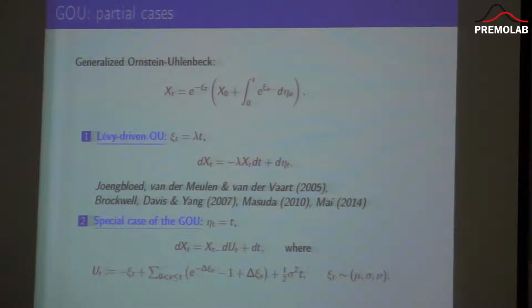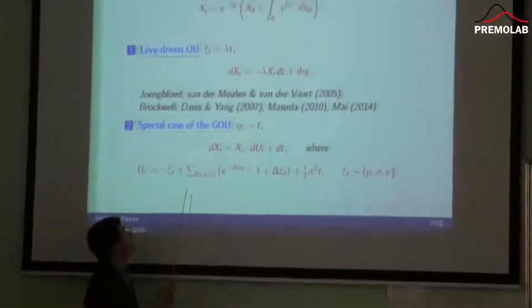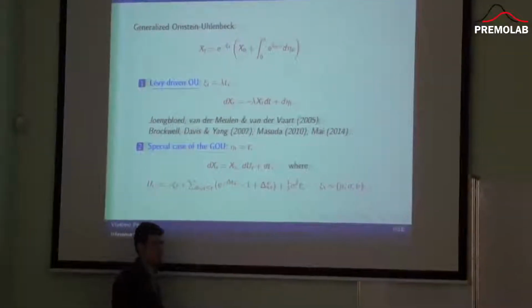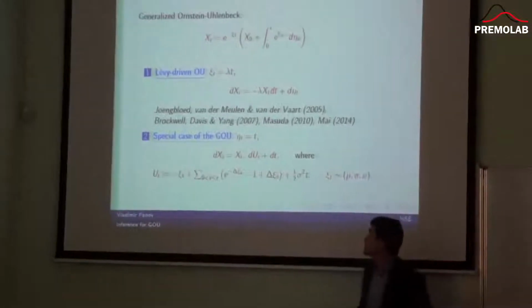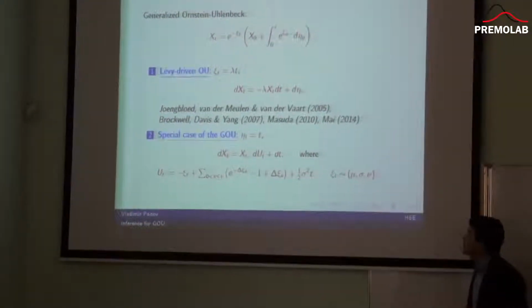There are two essentially different partial cases of the generalized Ornstein-Uhlenbeck model. The first one is characterized by the fact that the process xi_t is not stochastic, but proportional to time. And the process eta is, in fact, any one-dimensional Levy process.